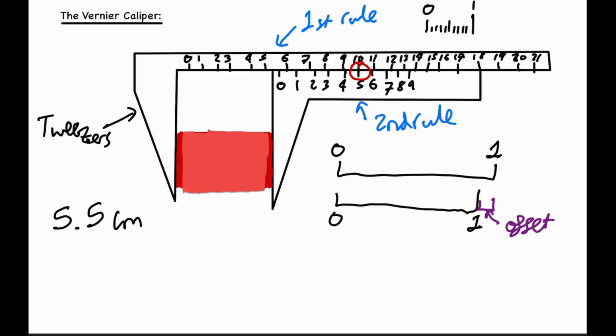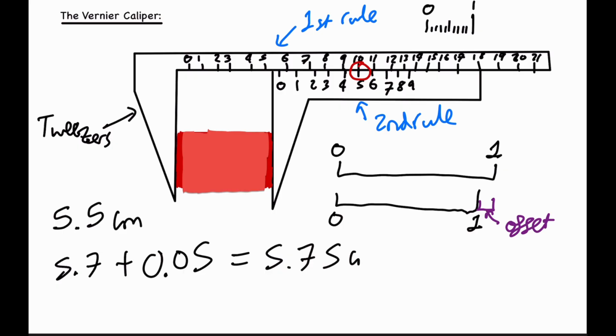But if you were to have a millimeter ruler, you would measure where the 0 is on the millimeters, say 5.7. Then you add on the extra decimal place using the line up here, which would be 5, so you have 0.05 of extra accuracy. You would get 5.75.